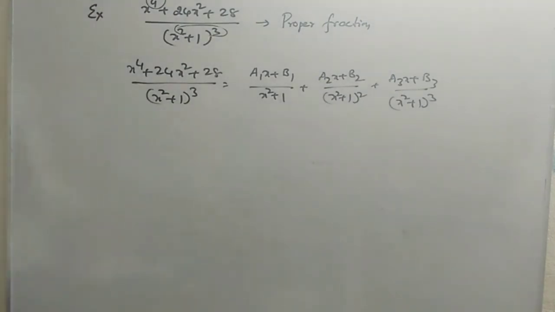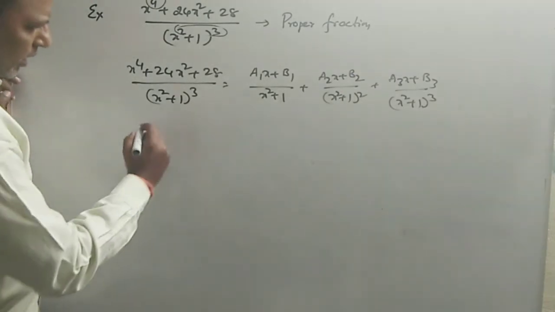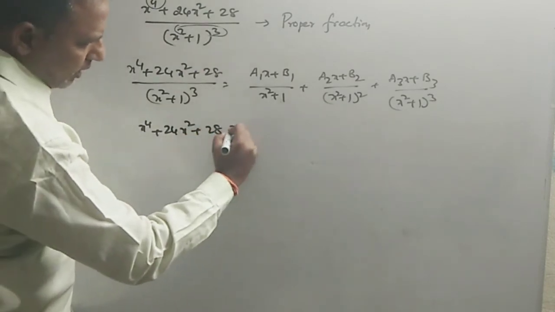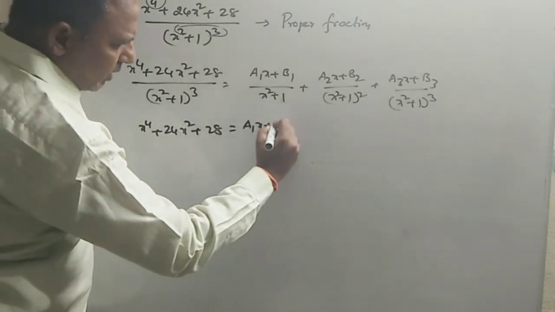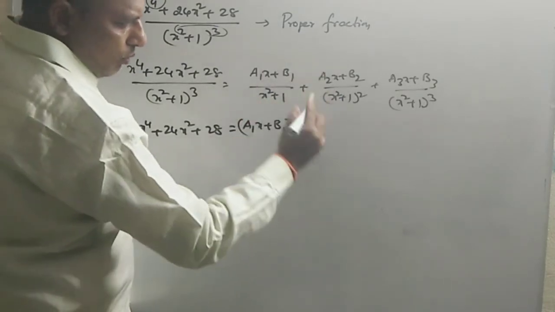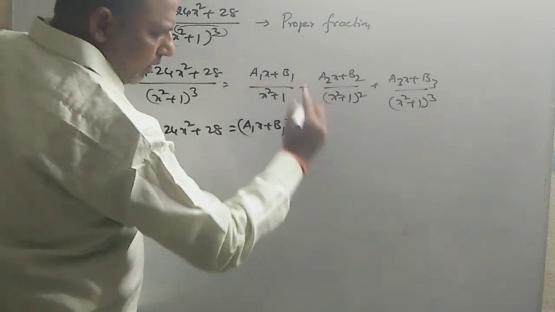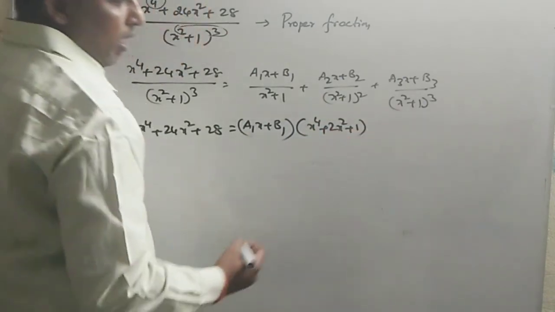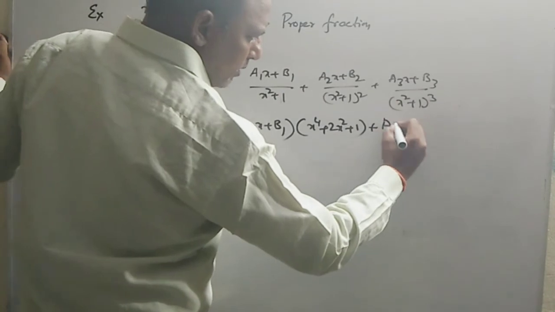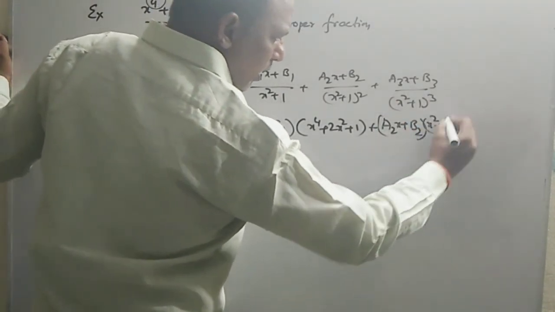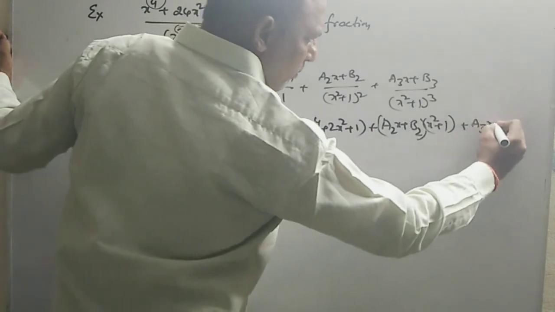And then how to calculate a1, b1, a2, b2, a3, b3? x power 4 plus 24x square plus 28 is equal to a1x plus b1 into, if you take LCM, x power 4 plus 2x square plus 1, and then a2x plus b2 into x square plus 1, and then a3x plus b3.